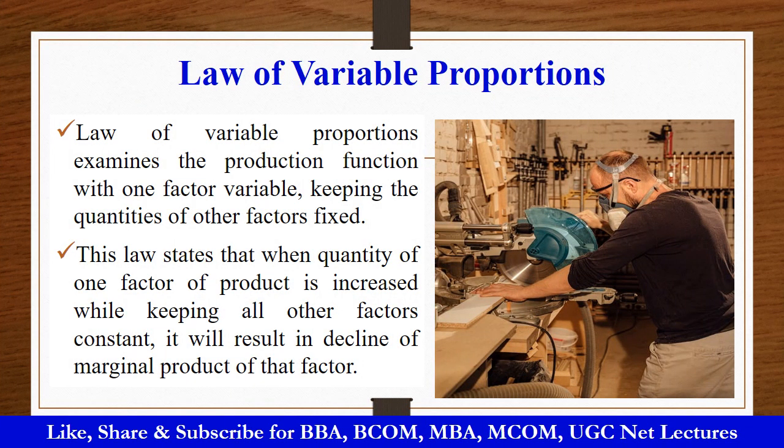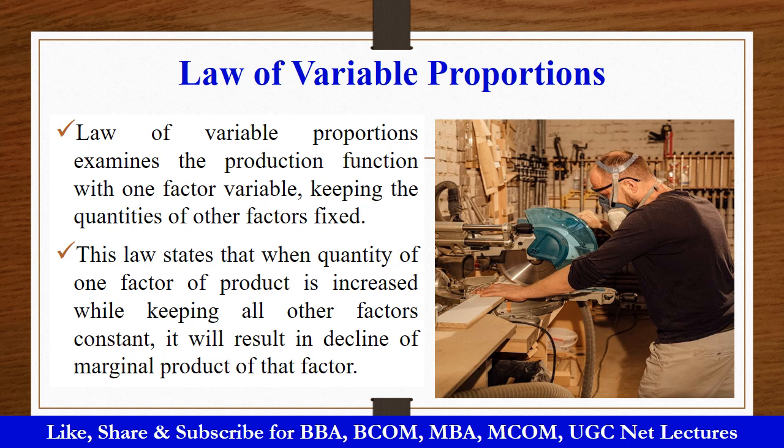Basically, the law of variable proportions examines the production function with one variable factor, keeping the quantities of other factors fixed, or we can say that it refers to the relation between the input and the output when the output is increased by varying the quantity of one input.